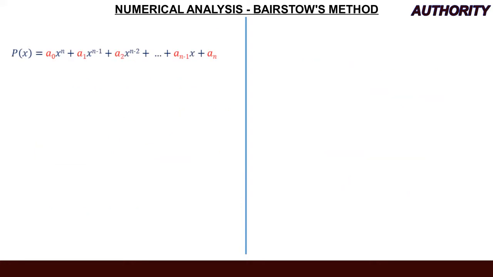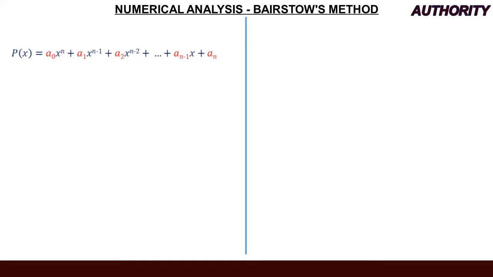This is a standard form of a polynomial: P of x is equal to a naught x raised to the power of n plus a1 x raised to the power of n minus 1 plus a2 x raised to the power of n minus 2 plus ... plus a n minus 1 x plus an.